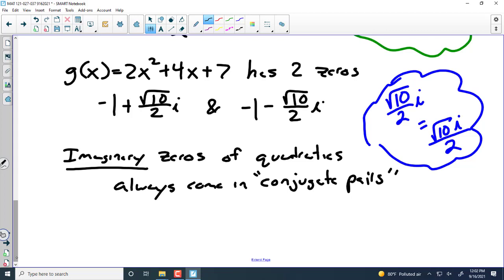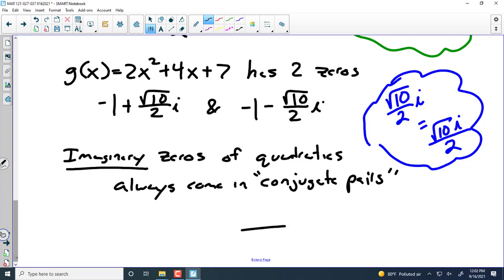In conjugate pairs. You see, if you look at those imaginary numbers, -1 plus the square root of 10 over 2 i and -1 minus the square root of 10 over 2 i, you will see they actually follow the formula that we said complex numbers had to follow, which is a plus bi.